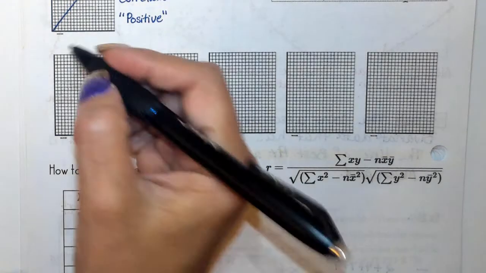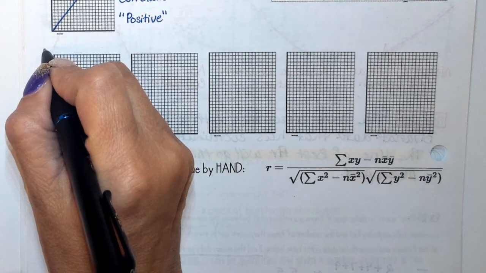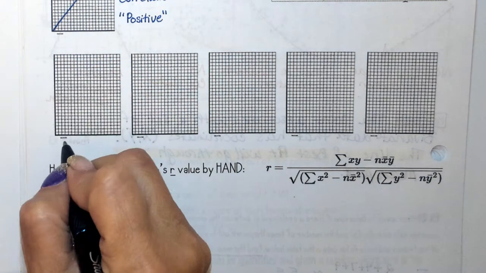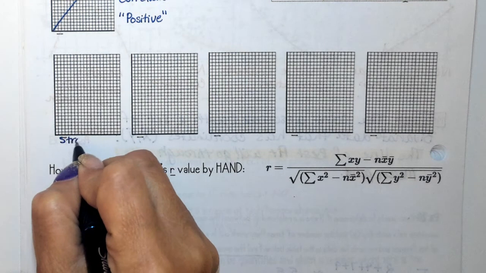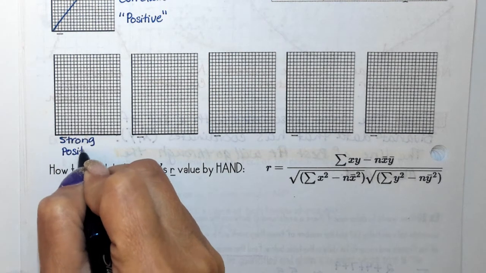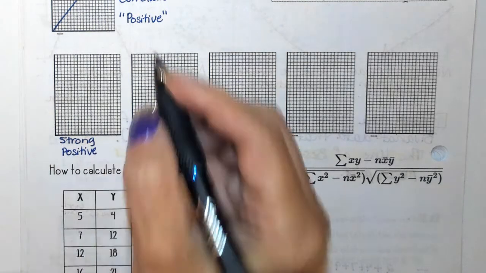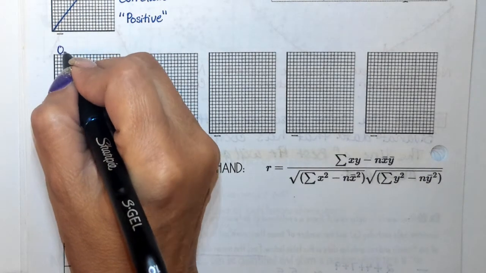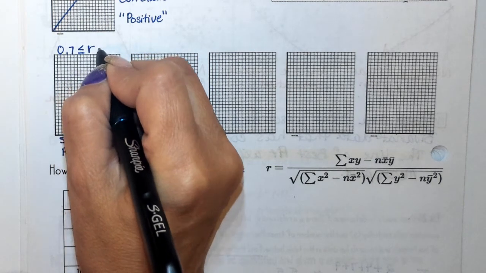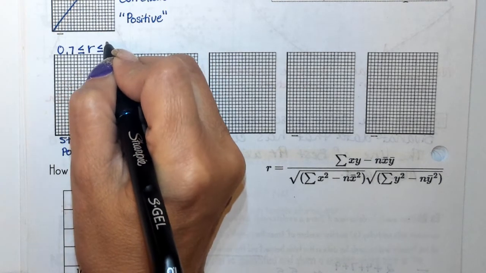So here's what I've got. I'm going to call this a strong positive correlation. This is going to go from 0.7 less than or equal to R less than or equal to 1.